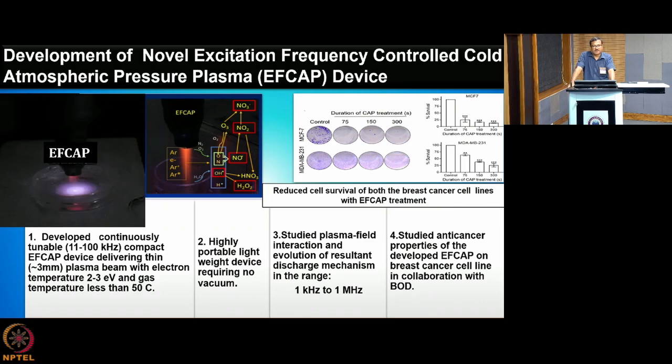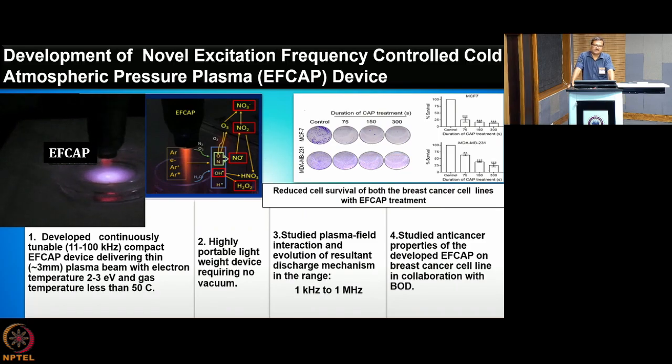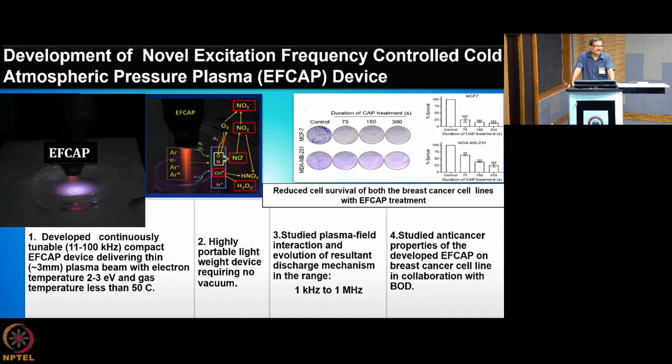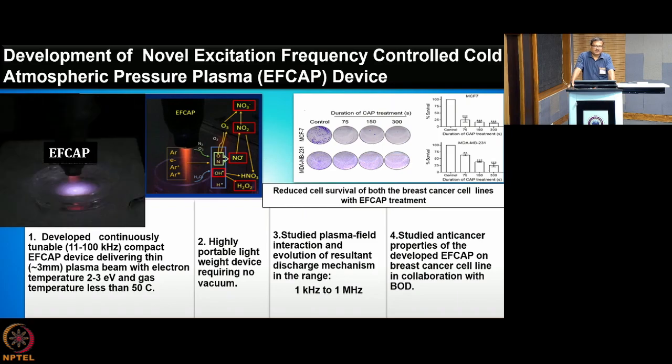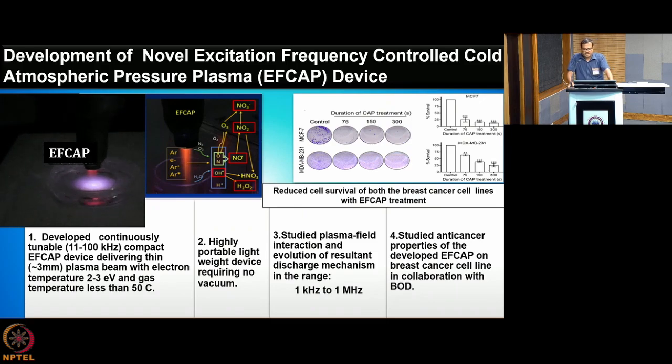Now, tremendous research is going on in this area. In the upper right corner of the slide shown here, we have applied this jet to some breast cancer cell lines. Here, you can see that after, say, 300 seconds, almost none of the cancer cells are alive.